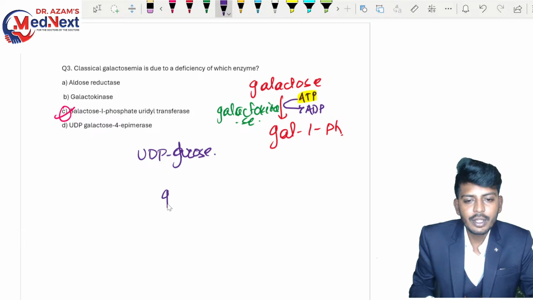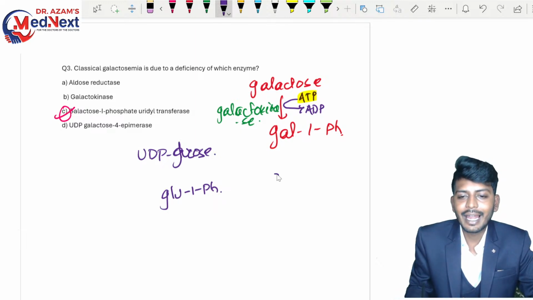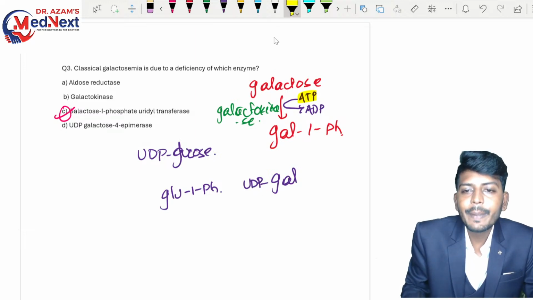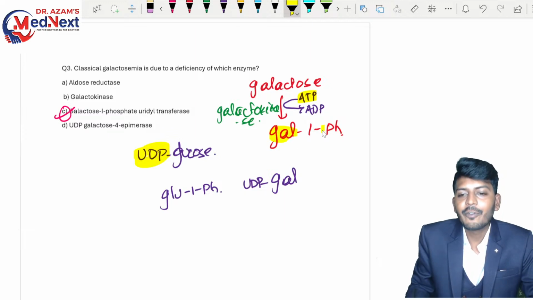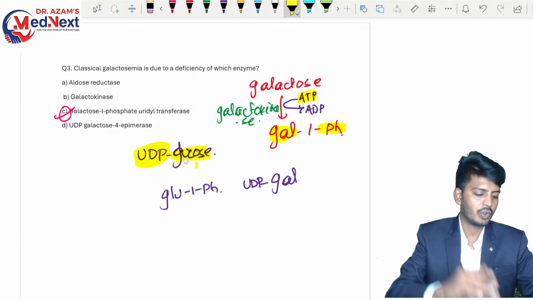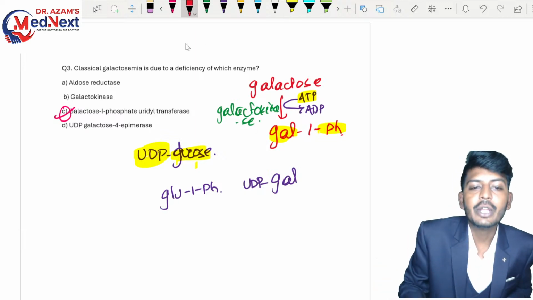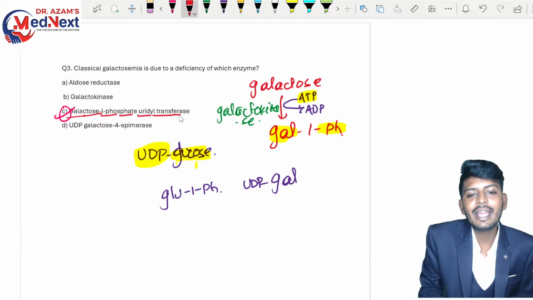This glucose will get converted into glucose 1 phosphate, and galactose 1 phosphate will get converted into UDP galactose. Look carefully: UDP went into galactose and phosphate came into glucose. That's it. For this transfer of the uridyl group, we require the enzyme galactose 1 phosphate uridyl transferase.